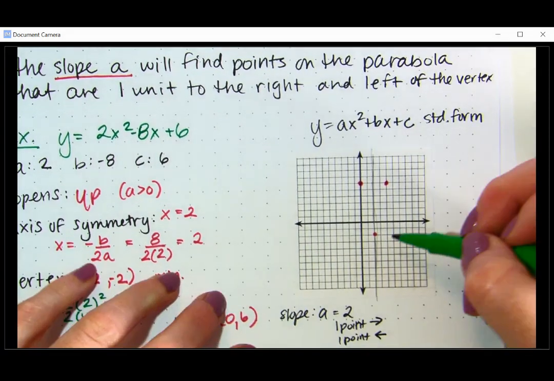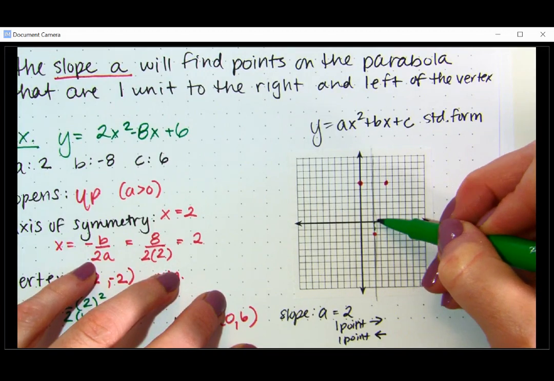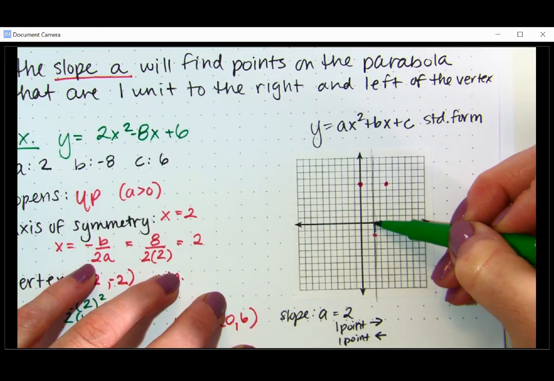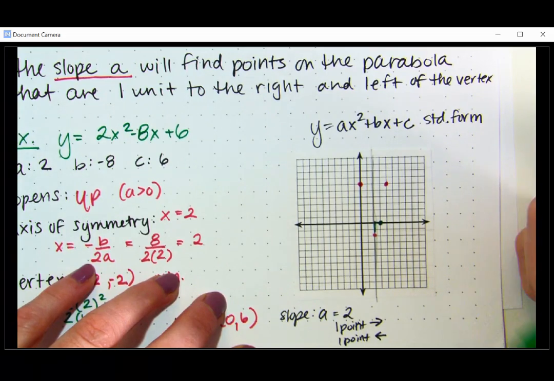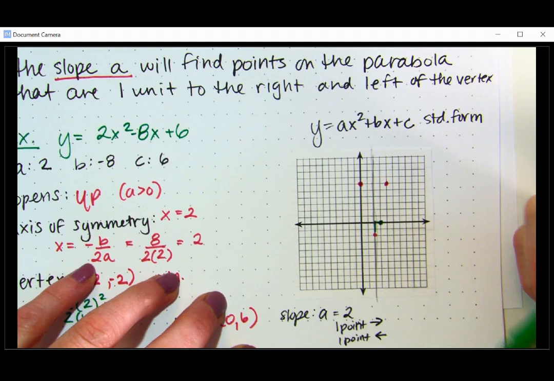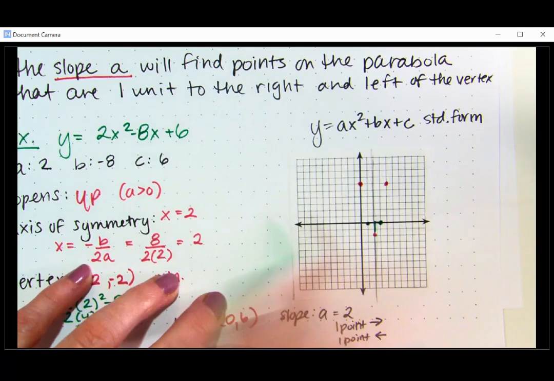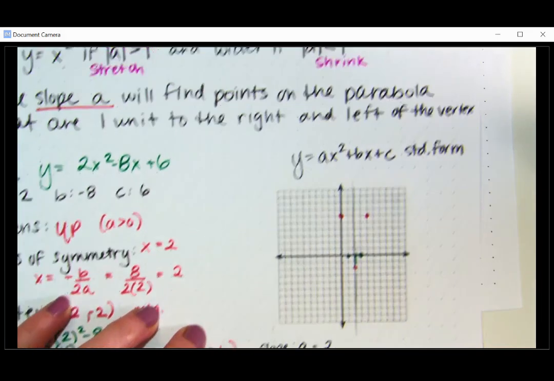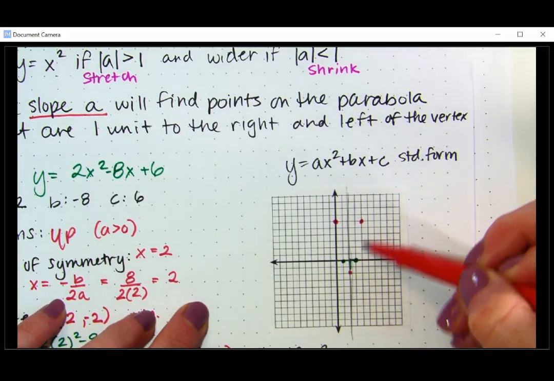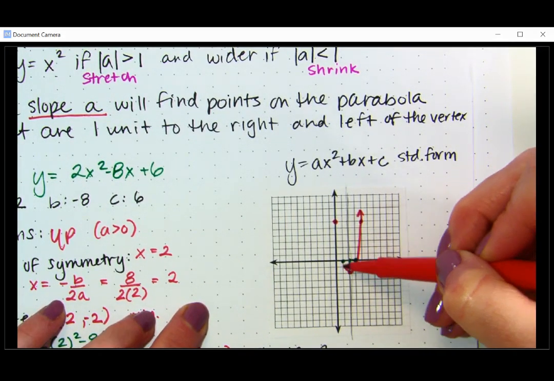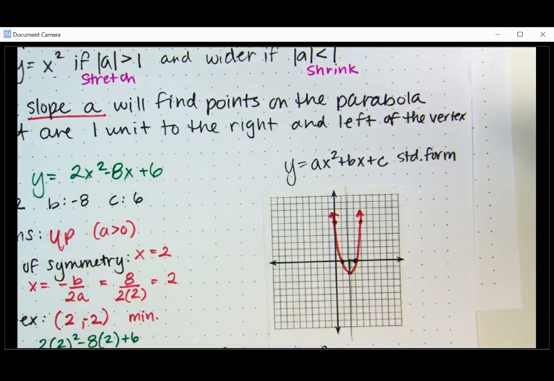Okay, so I'm going to rise 2, run 1, and there's my next point. If I know that I have a point here that's 1 to the right, I know the 1 to the left is going to be there. So that slope gets us these 2 points. And now I can connect and create my line.